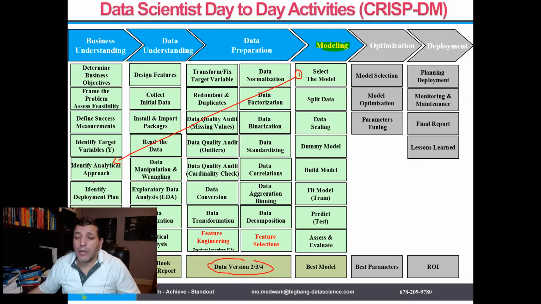So we are going to try them all, because, as I said, all models are wrong and some of them are useful. So we need to find which one is useful based on the particular problem that we started with and the particular data we are using.